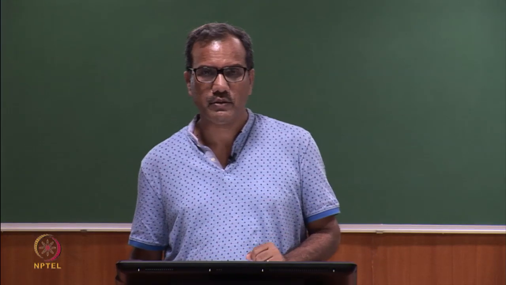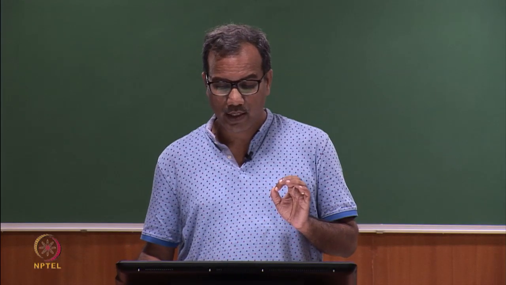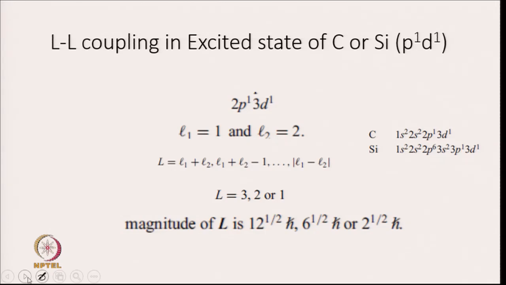So, let us think about the excited state of carbon or silicon. They have the electronic configuration p1 d1. For carbon it is 2p1 3d1, and for silicon it is 3p1 3d1. First we need to find out L, as we discussed in the last lecture. This is the electronic configuration of the excited state of carbon.